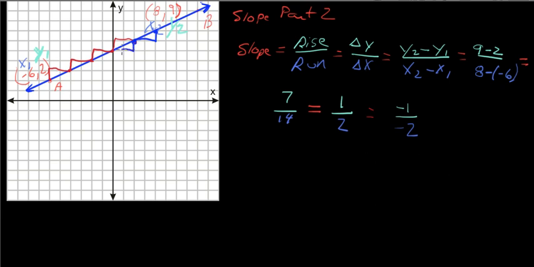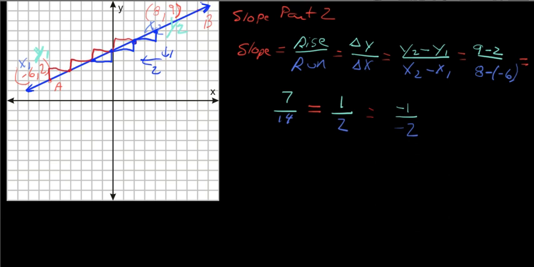Down 1, to the left 2. So you see, if I go down 1 and to the left 2, that's also my slope. So -1 over -2 is the same as 1 over 2. And so that's how that slope works.